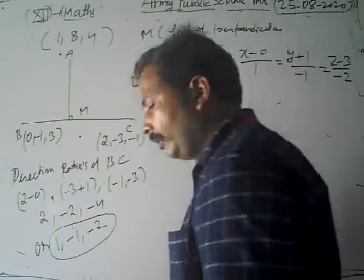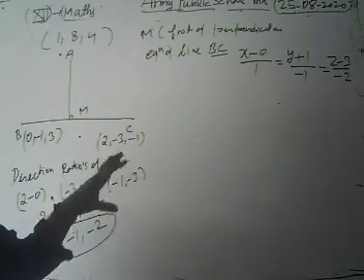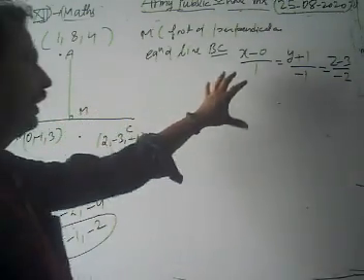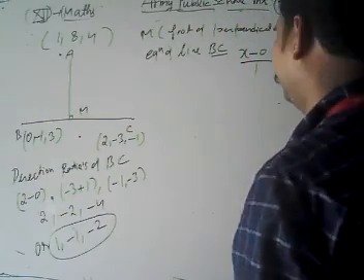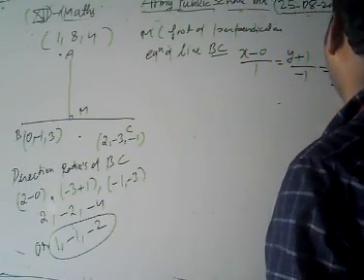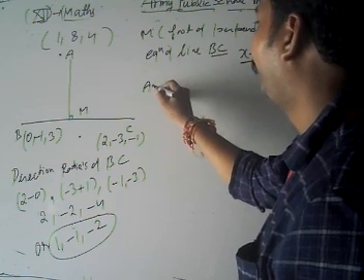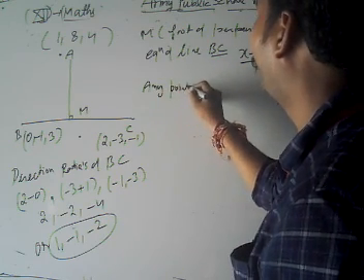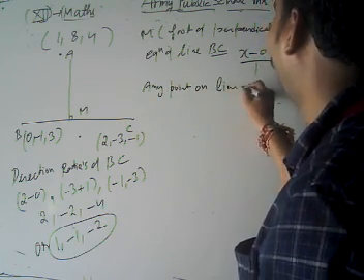Now, first of all we found the equation of line BC. Now we are going to find any point on line BC.